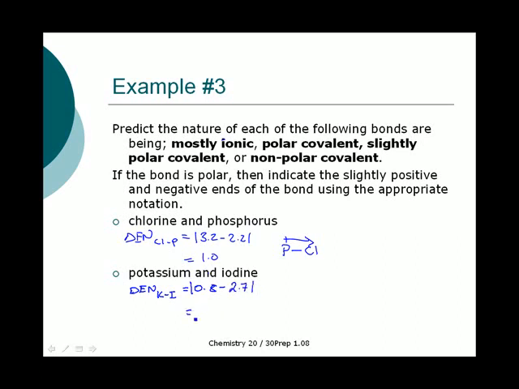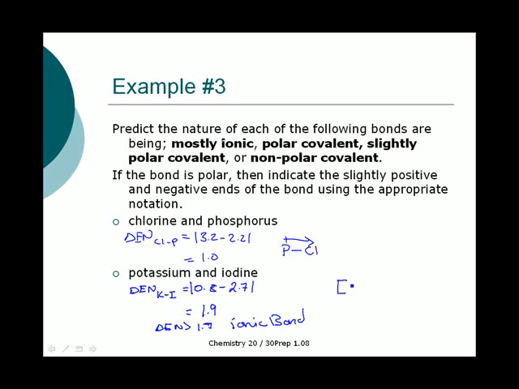So we have a difference of, I believe, 1.9. This is greater than 1.7, so this would be an ionic bond. And you wouldn't really indicate it using a polarity arrow because this is now almost a full charge difference.